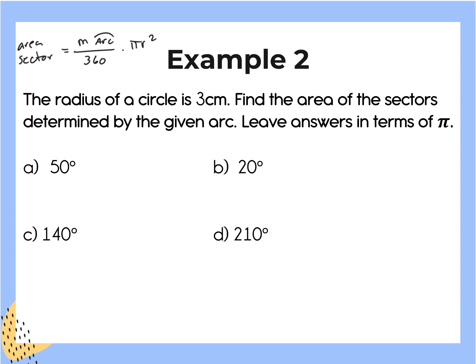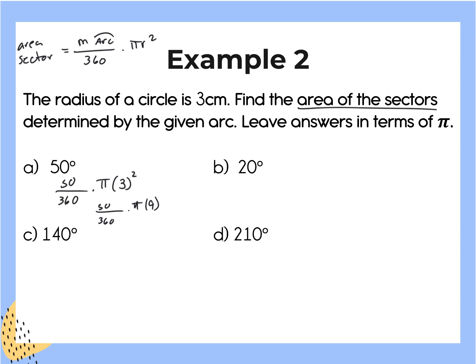So they're telling us to find the area of the sector, so we're always going to be solving for area of the sector. So that's going to be the measure of the arc for A, 50 over 360 degrees times pi and then 3 squared. Now, I am going to simplify this as much as I can without a calculator first. So this is going to become 50 over 360 times pi times 9.